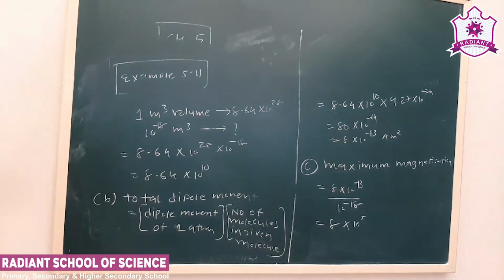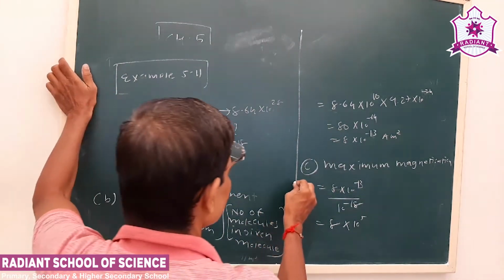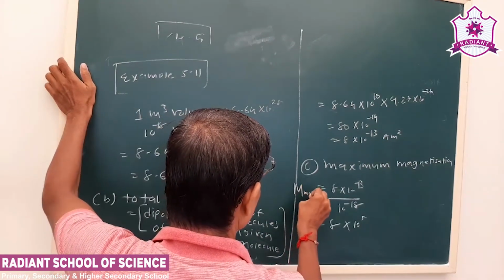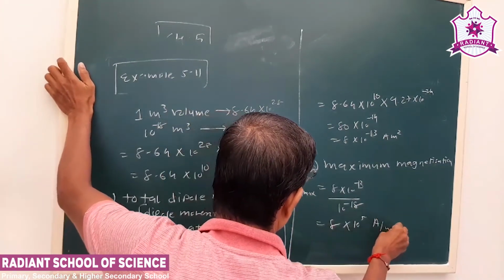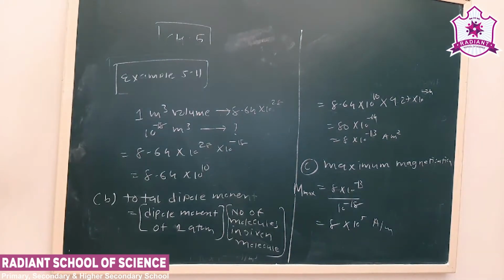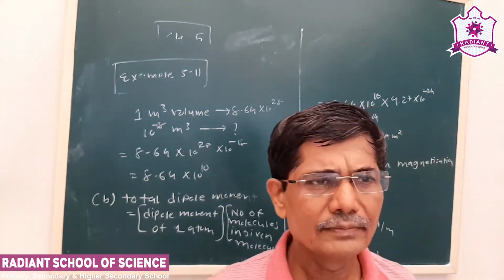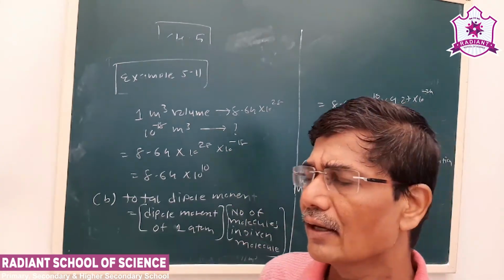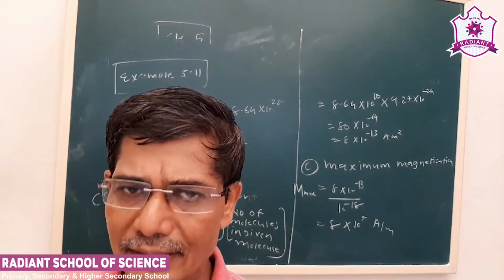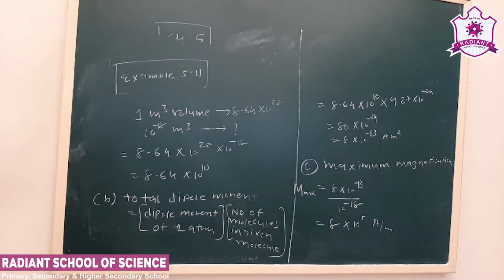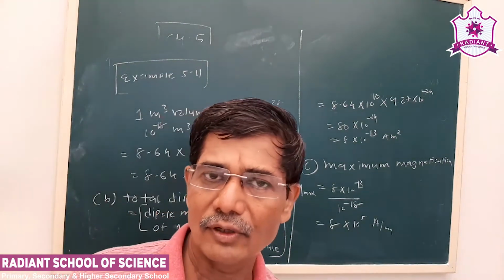Okay. Now see, what is the unit of magnetization? This we can call as M, is ampere per meter. Okay, this is an interesting sum. From the given volume, given mass and the molecular mass or the atomic mass and the density, we have obtained the number density, that is capital N. Now the dipole moment of one molecule is given.